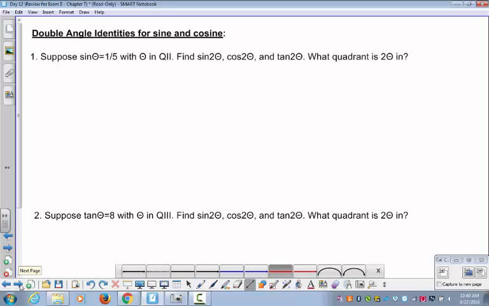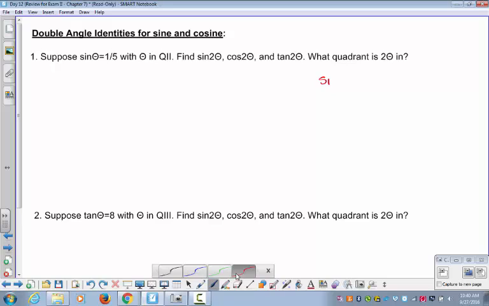Double angles. So here's a pretty typical problem where we're given information about a single angle, and we need to find this information about double angles. So what we know is that to calculate sine of 2 theta, let's put that over here on the side.